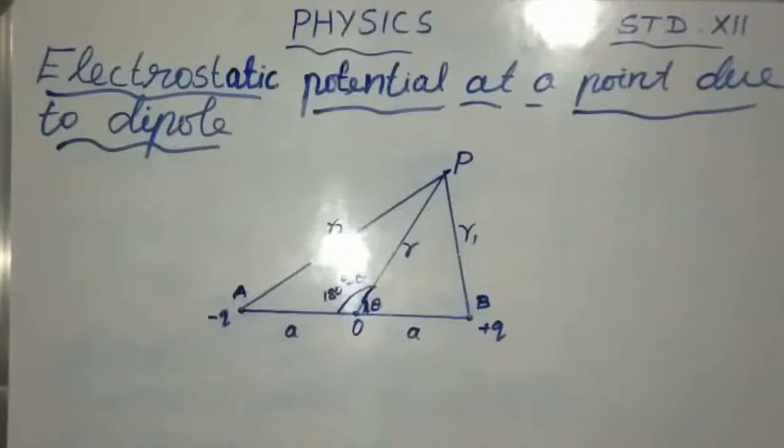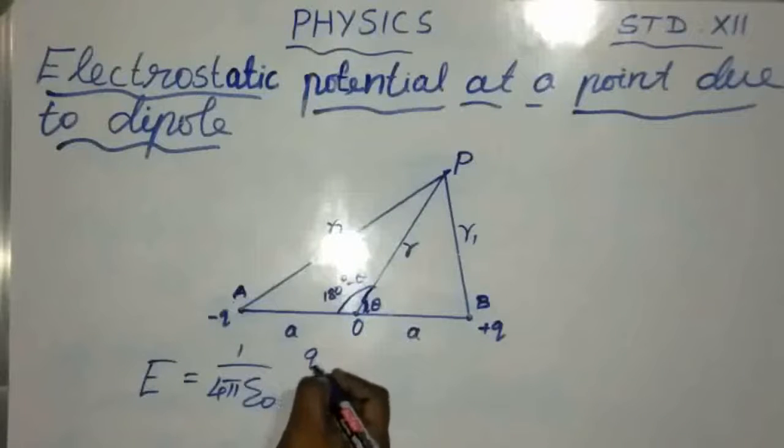Now we are entering into the derivation part. You already know the formula for E: E equals 1 by 4 pi epsilon 0 Q by R square.